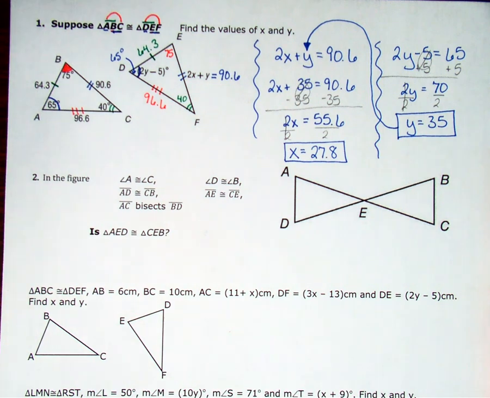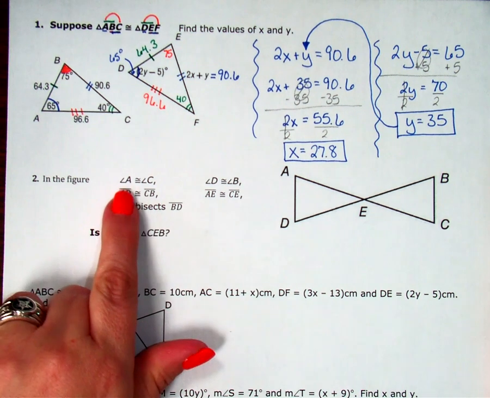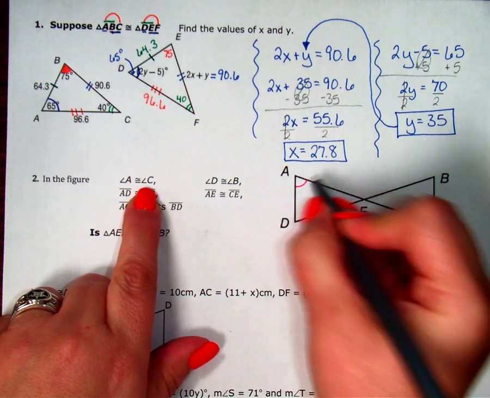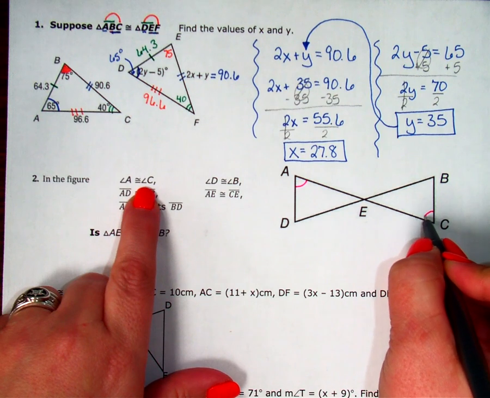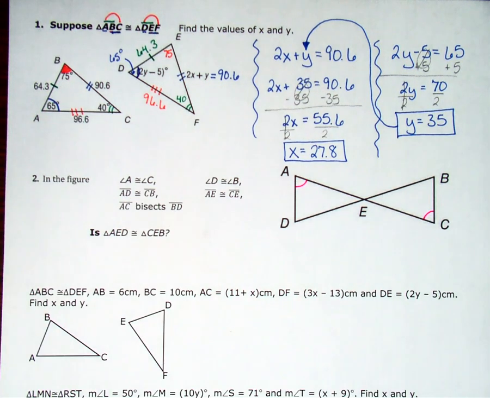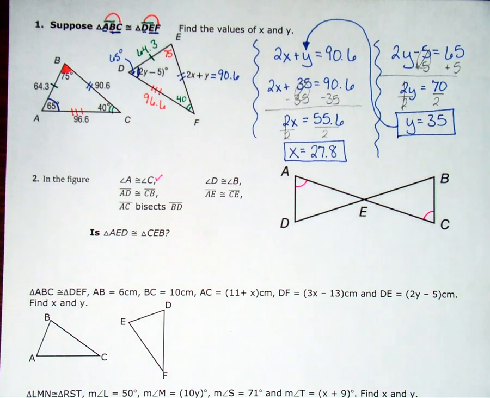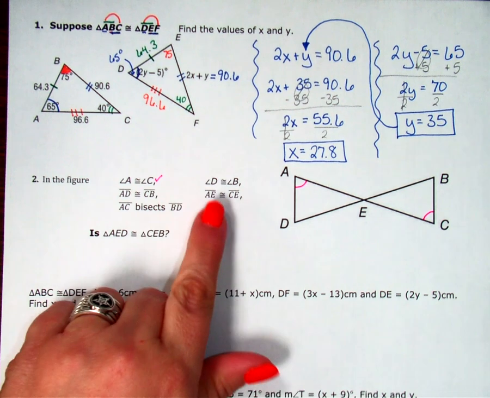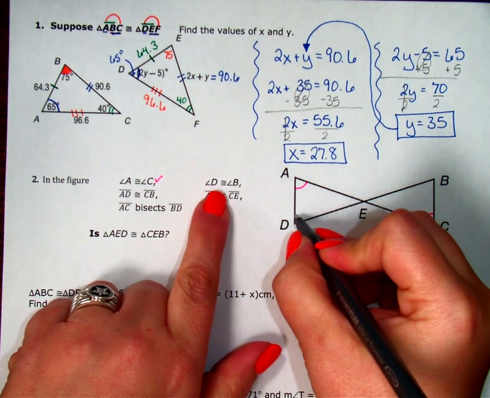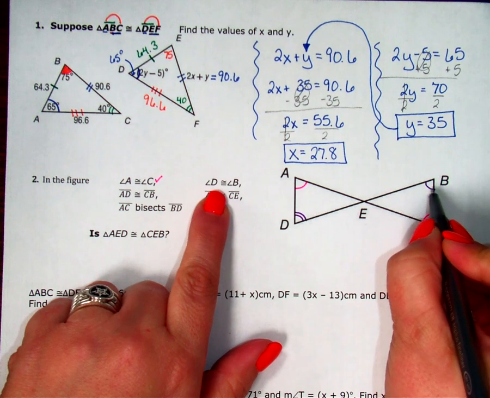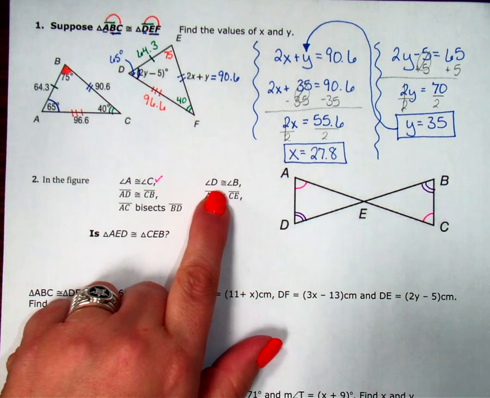So I know that it tells me angle A is congruent to angle C. So angle A is congruent to angle C. Then I'm going to check that off so I know I've dealt with it. Then I have angle D is congruent to angle B. Angle D is congruent to angle B. Check mark. I used it.